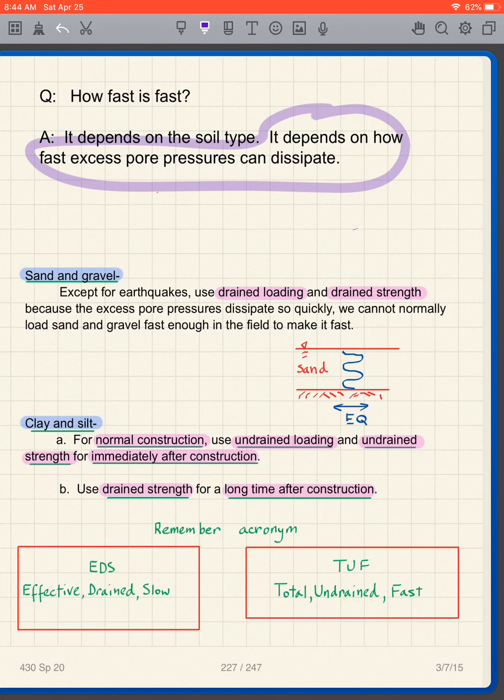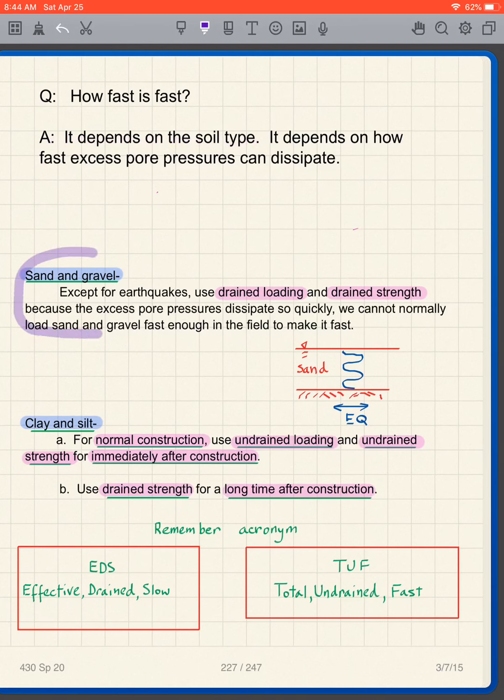So we've generated these excess pore pressures. How quickly do they dissipate? And just as we said, if it's sand or gravel, well, except for earthquakes, we use drained loading and drained strength. Why? So in other words, drained being that the excess pore pressures have dissipated.